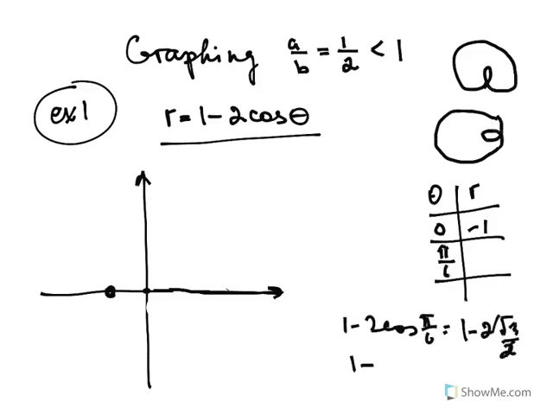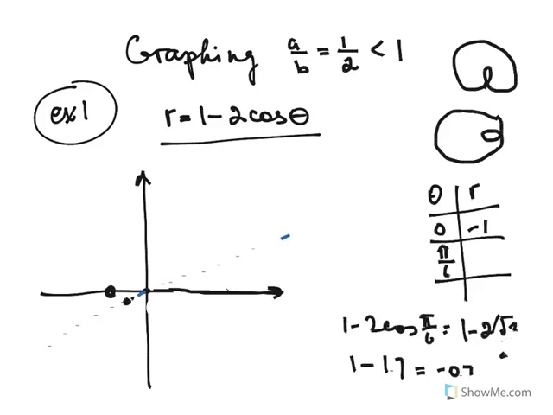And 1 minus square root of 3 is about negative 0.7, I think. Since it's a negative number, then, by the way, pi over 6 is right here. So you have to be on the opposite side. And the negative number is very close to the origin. So we're going to be somewhere here.